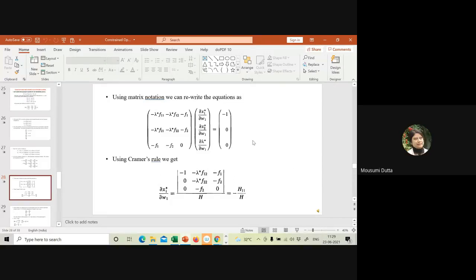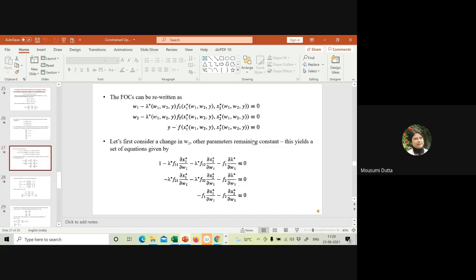Minus 1, 0. We are taking the derivative with respect to w1. Oh, sorry, ma'am, I wrote it wrong. Yes, there was no w1 in the second equation, there was w2. I made the mistake.